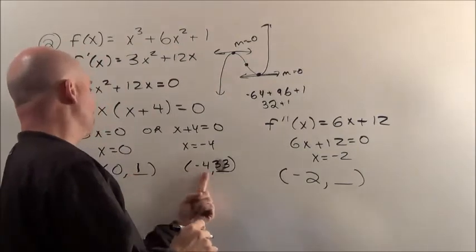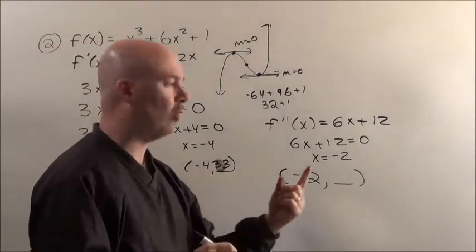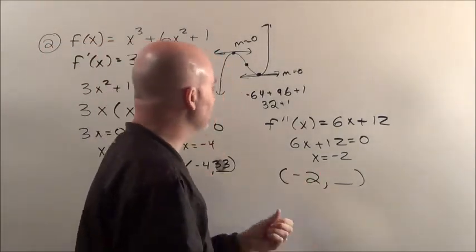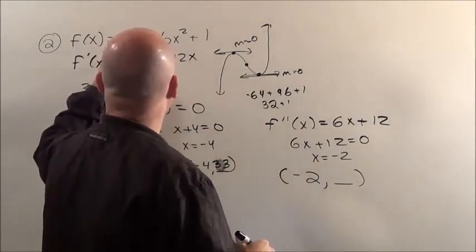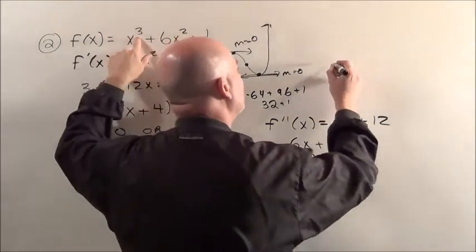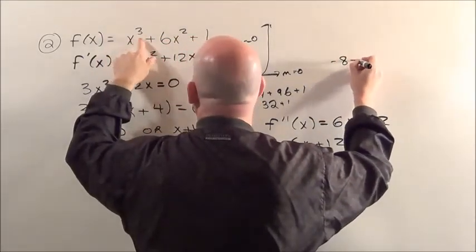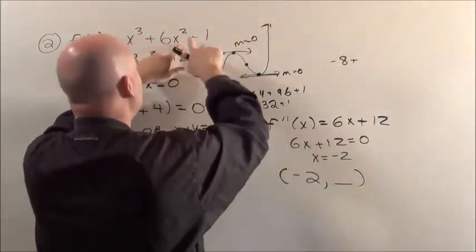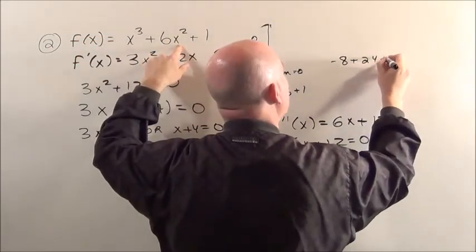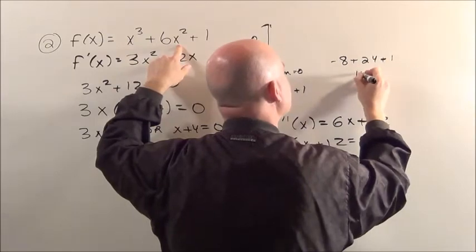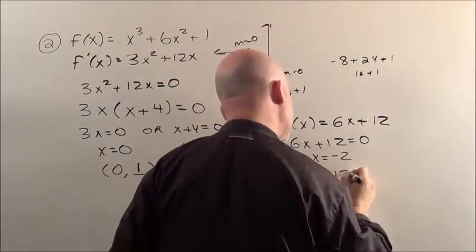Now notice I could see that negative 2 was between 0 and negative 4. I knew that was going to happen in this problem. So I plugged negative 2 into the equation. Negative 2 to the third is negative 8. Negative 2 squared is 4, times 6 is 24, plus the 1. Negative 8, that's 16 plus 1, we got 17 here.